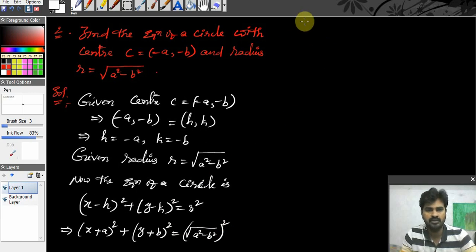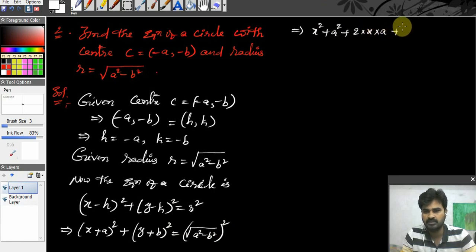Now continuing here, x plus a whole square, this is in terms of a plus b whole square. Now you can expand this one: a square plus b square plus 2ab, where a means x, b means a.